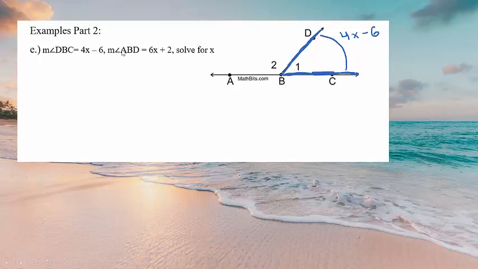Then we find angle ABD, and in between that angle, we want to write 6x plus 2. So we have ourselves two adjacent angles. You can see that there's a line formed using those two angles. So that means we have to add them and set it equal to 180.